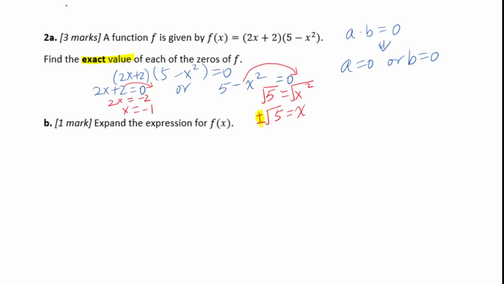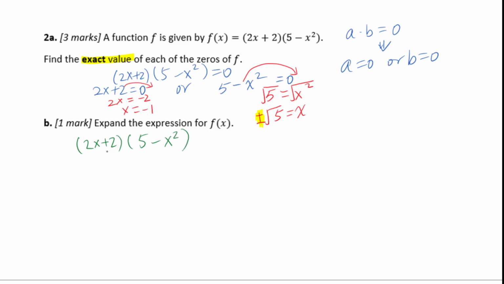For b, expand the expressions for f of x. (2x plus 2) times (5 minus x squared). Do the FOIL. 2x times 5, 10x. 2x times negative x squared, minus 2x to the third power.